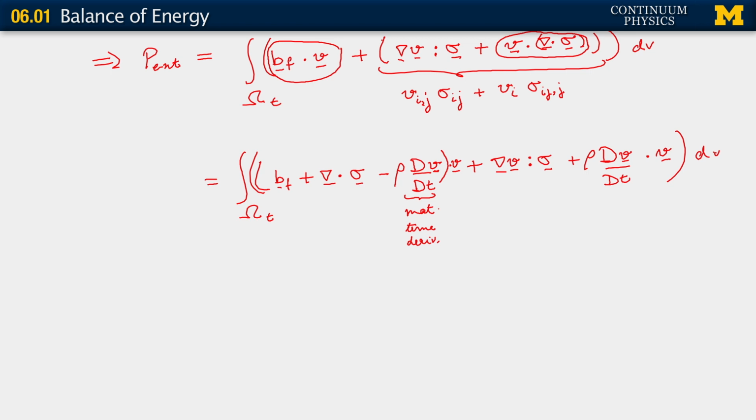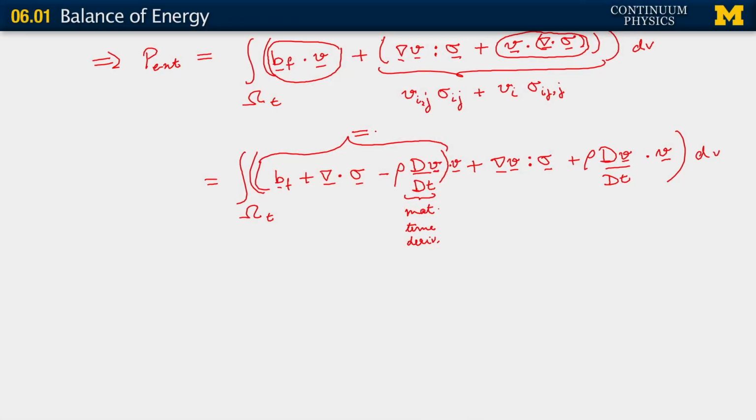Okay, and what we've done here is just add and subtract rho dV/dt in order to see that this entire combination of terms is what? This is basically the left-hand side of the balance of linear momentum, right? So when these terms appear together, they're equal to 0 because of balance of linear momentum.